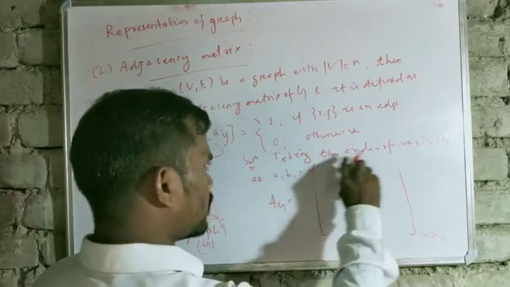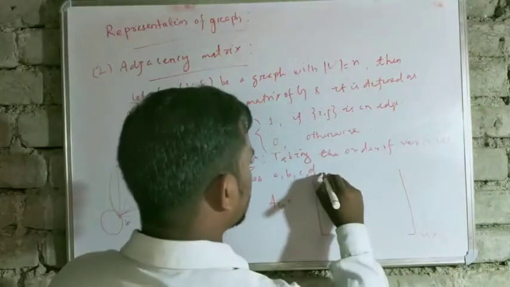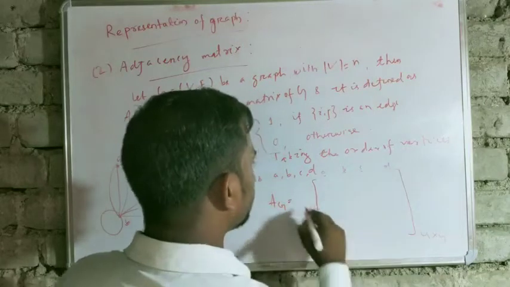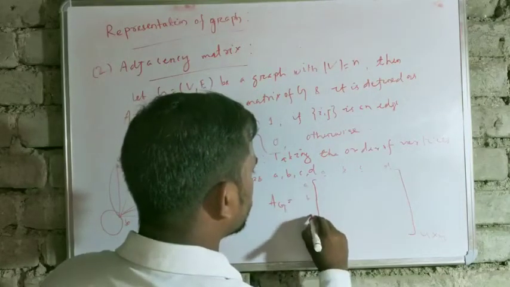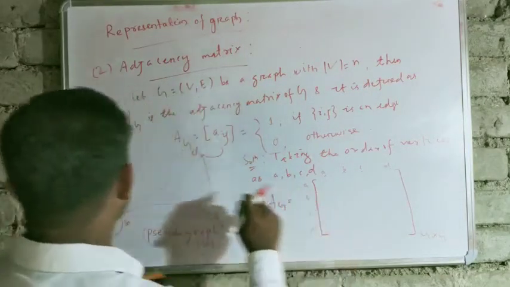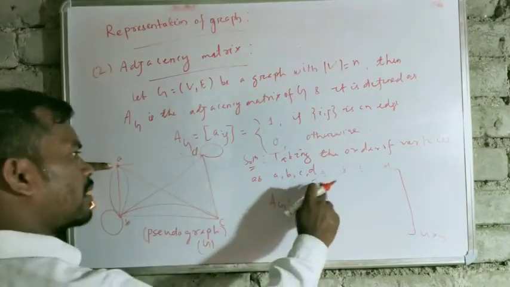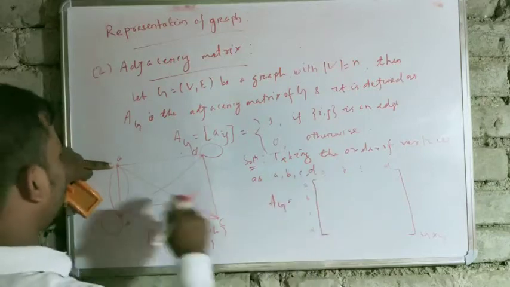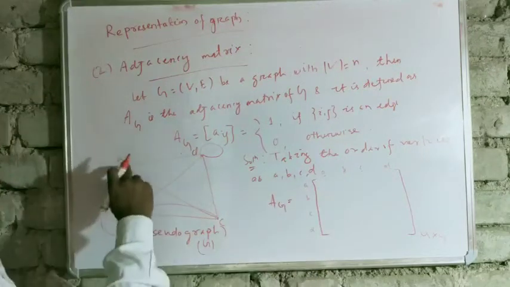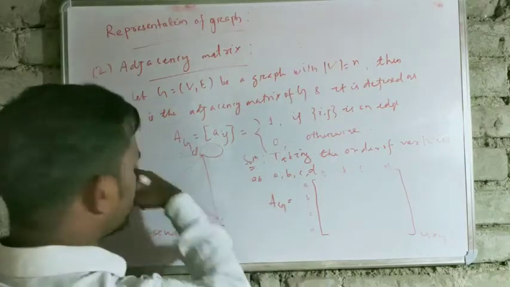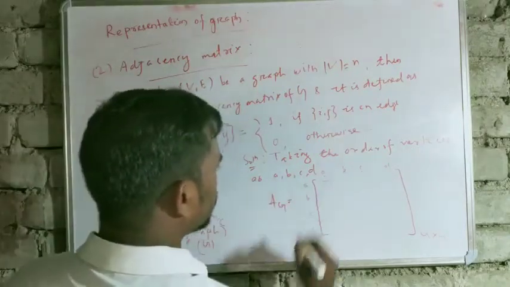The order of vertices is ABCD, that means roughly I can write A, B, C, D here and A, B, C, D there. Now for vertex A, is there any edge that connects A to A? No edge. Only a loop can connect a vertex to itself. There is no loop at A, that means this one is 0.